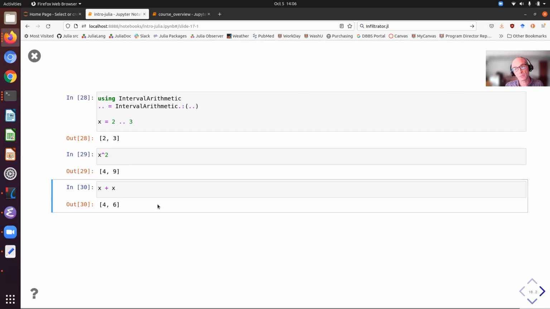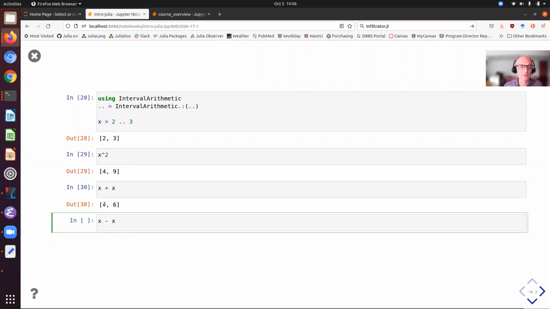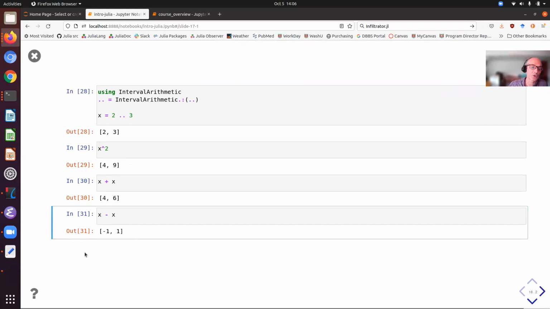Interval arithmetic has some serious annoyances with it, and one of the easiest ways to illustrate this is what happens if instead of adding these numbers, we just subtract them. You might think that, of course, the answer would be 0, and in interval arithmetic, unfortunately, it's not.